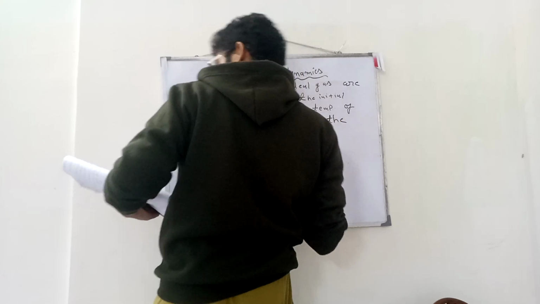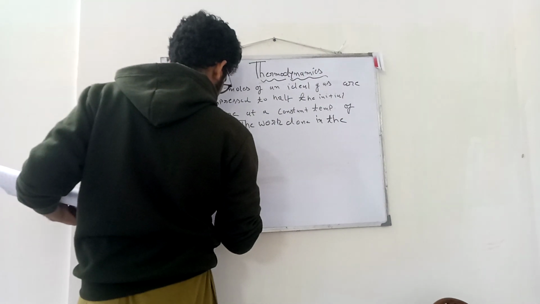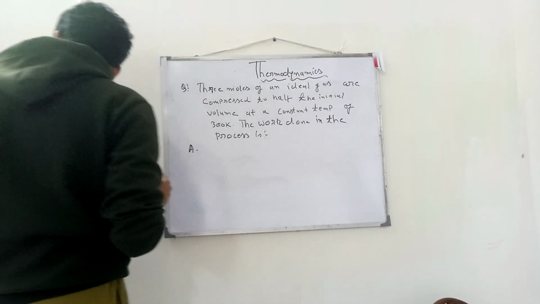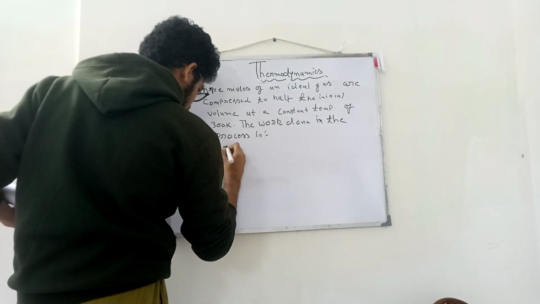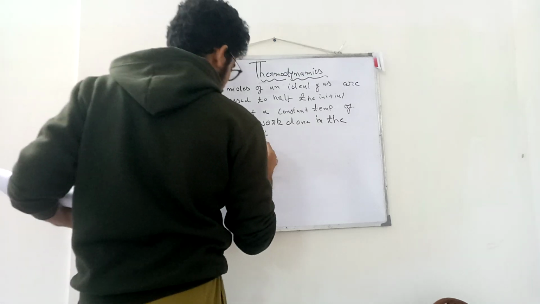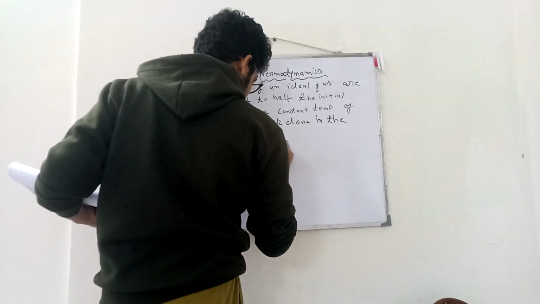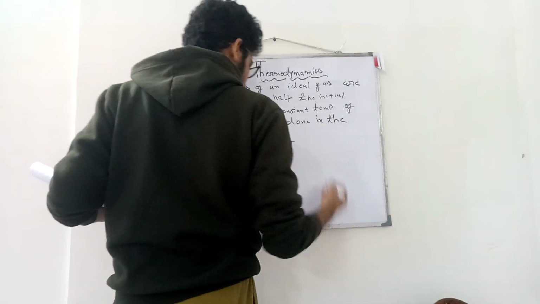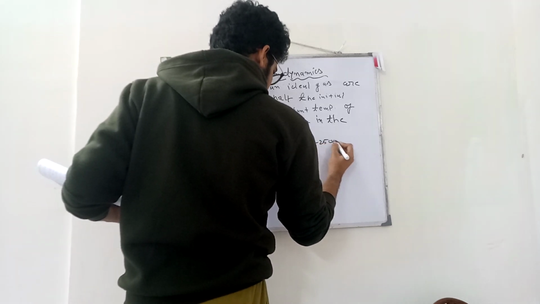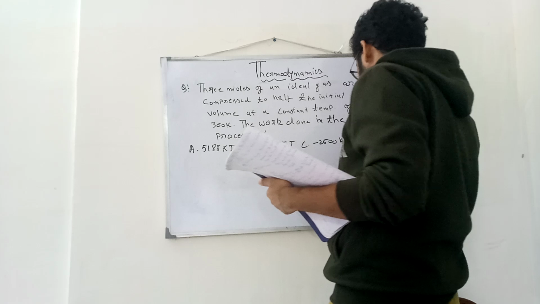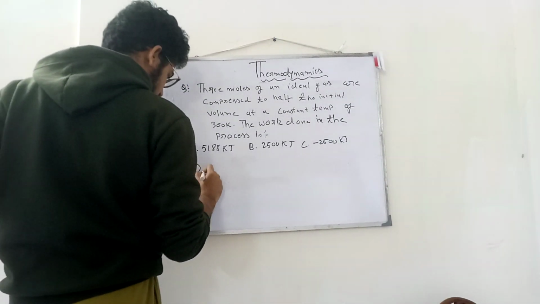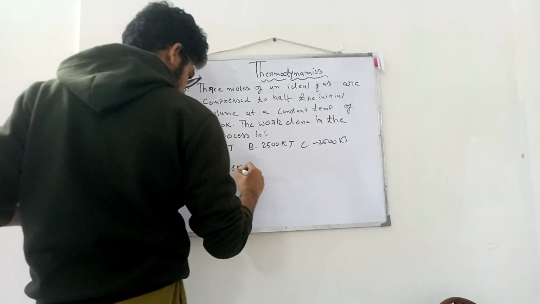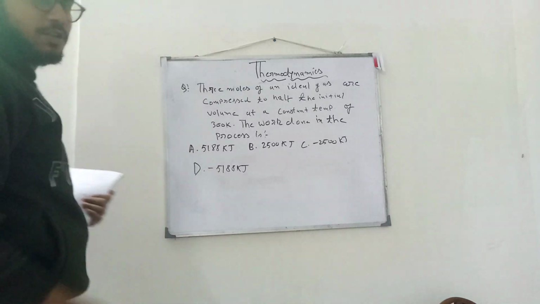The work done in the process is: A, 5188 kilojoule; B, 2500 kilojoule; C, minus 2500 kilojoule; and D, minus 5188 kilojoule.